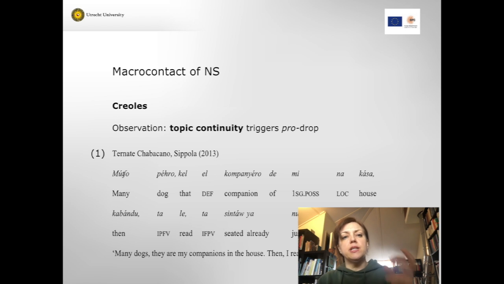What is interesting about this is that topic continuity has been meant to play a role. So it is topic continuity that triggers prodrop. That's been the observation. And topic continuity is quite interesting because if you want to know topic continuity, you need to handle topic, and topic is an interface phenomenon. It is the interface phenomenon par excellence.